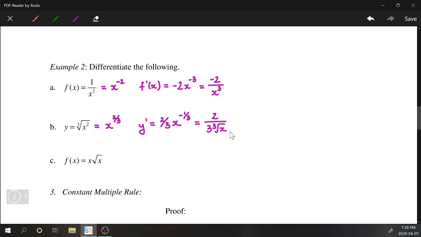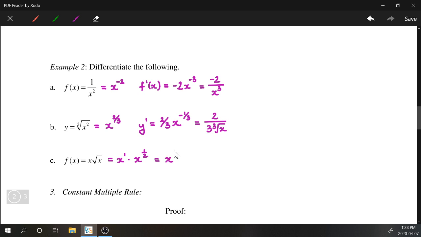All right. Now, the next one we have x square root of x. And we actually can treat it as though it's the same as the previous two examples. What you're going to do is rewrite this as x to the first power, because you have an x, and then multiply by x to the 1/2 power, which of course is the square root. And now you can add the exponents together.